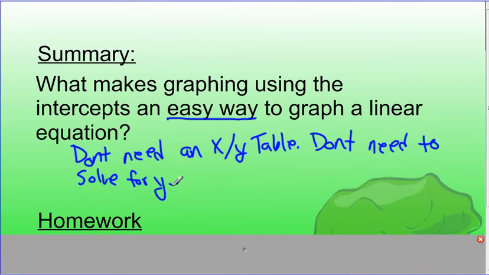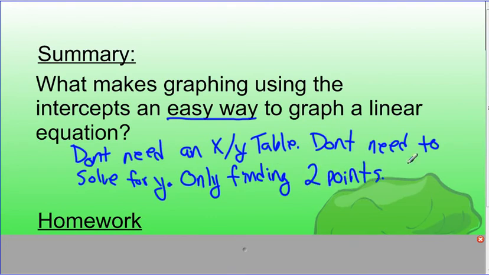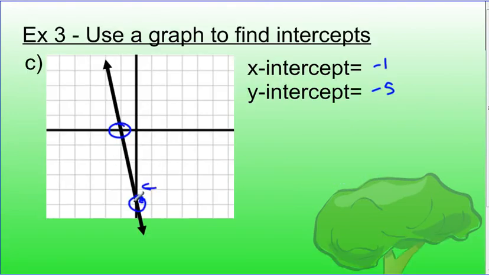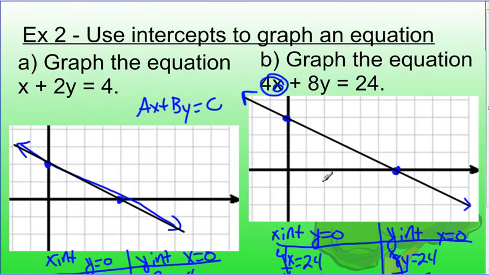And in these problems, I don't know if you noticed, but we were only finding 2 points. We were just finding that point and that point. When we were doing the x, y table, we put in like 4 or 5 different x values and then found them all. Here we're only finding 2 points and using that to graph.